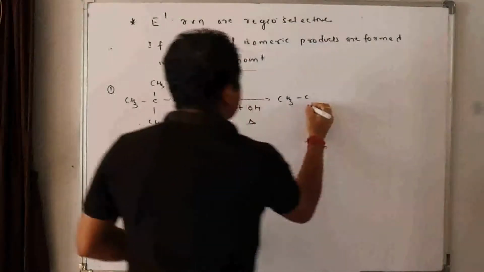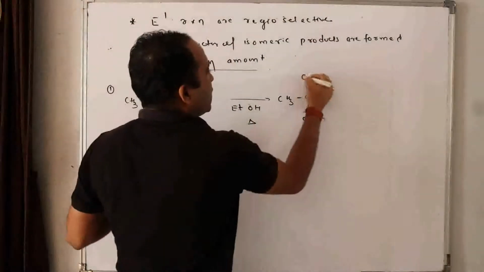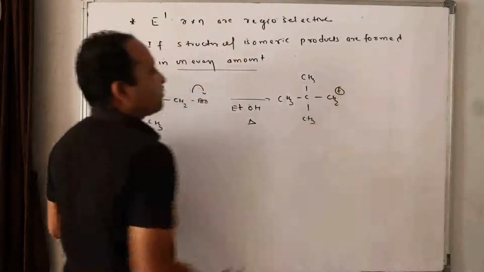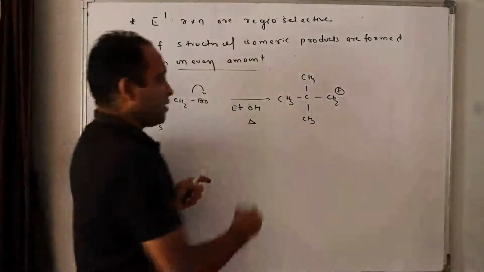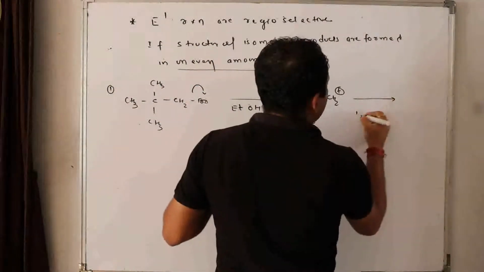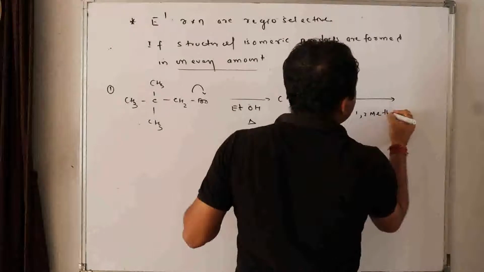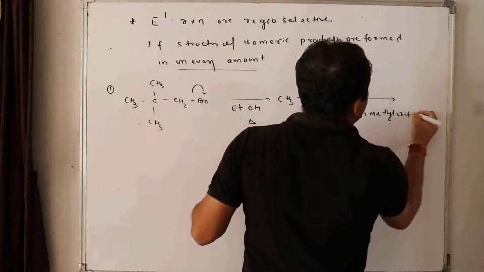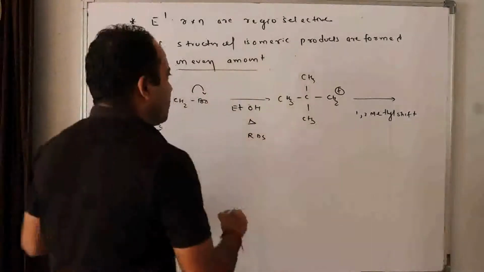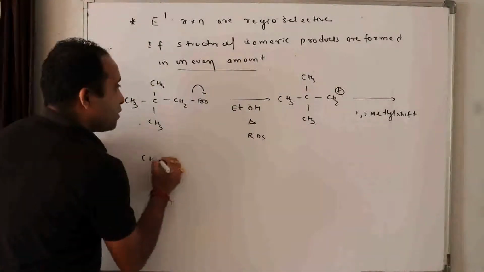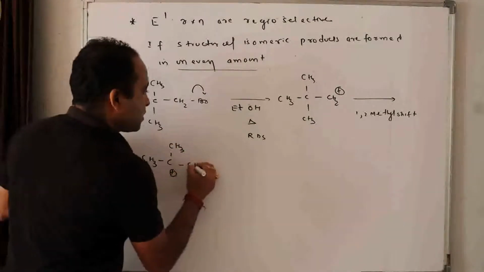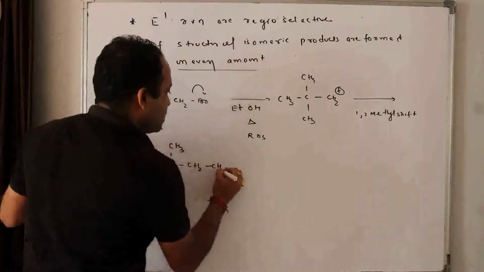CH3 C CH3 CH3 CH2 plus. Can I rearrange? This is the RDS step. Rearrange by a 1,2 methyl shift. What will be formed here now? CH3 C CH3 plus CH2 CH3.